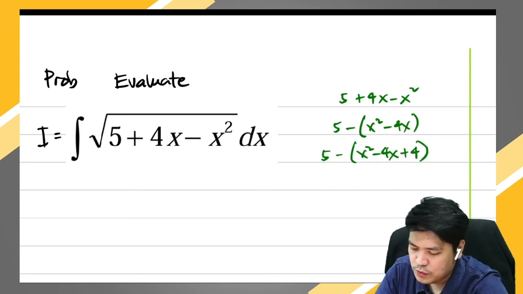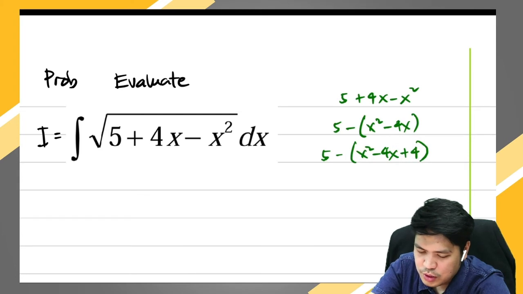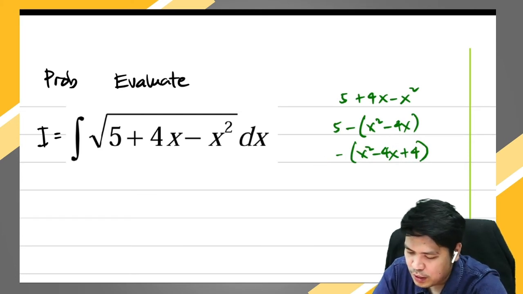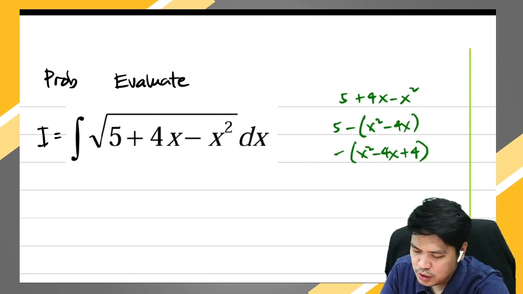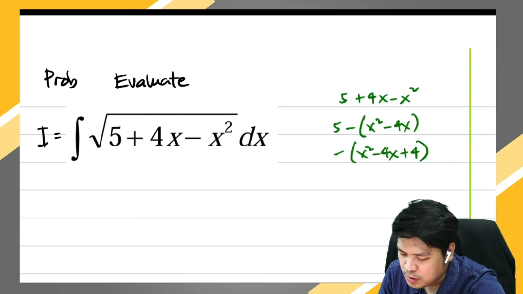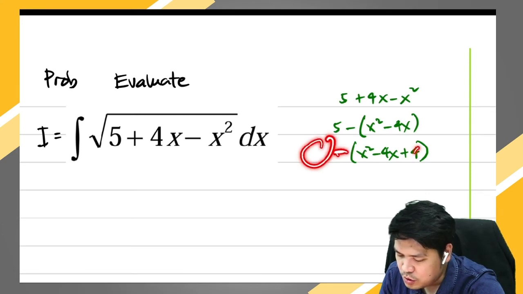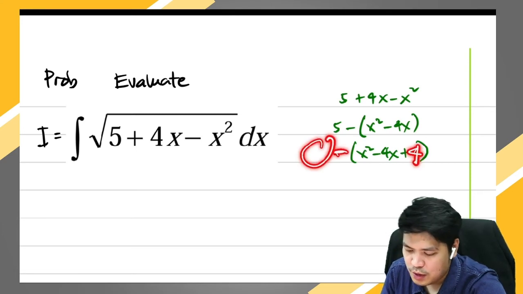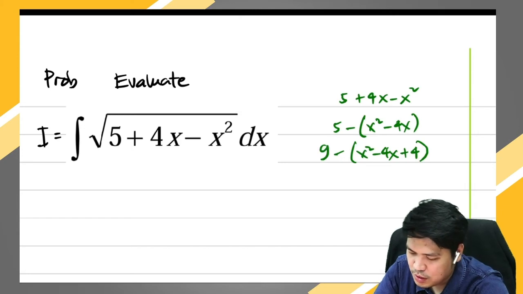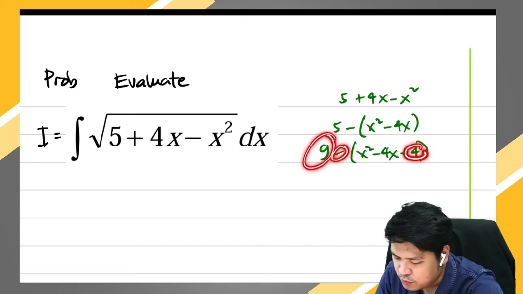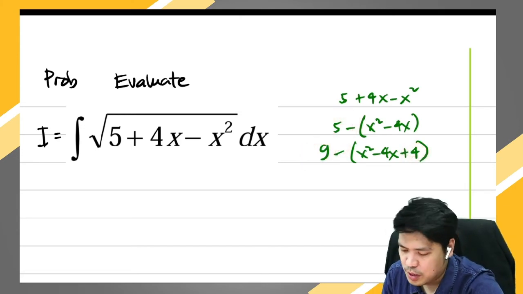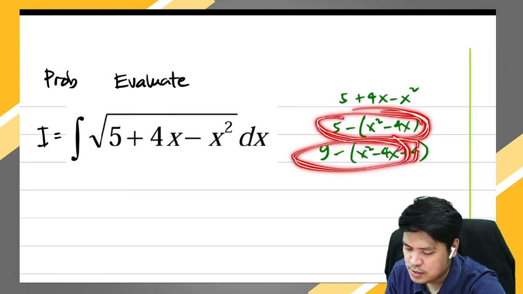This is now a perfect square trinomial, but if we need to add 4 there, this is no longer 5. It should be a number minus 4, the result should be 5. So that this should be equal to 9 because 9 minus 4 is 5. So that they are the same. These are just the same or equal.